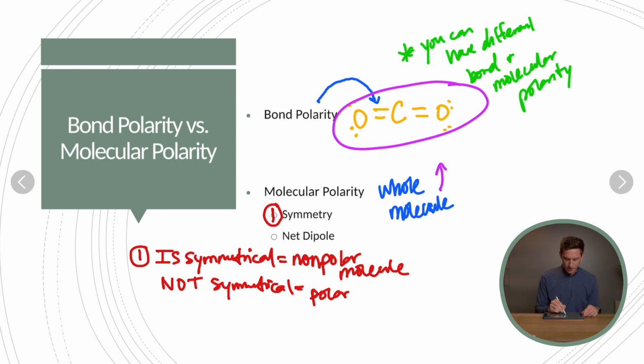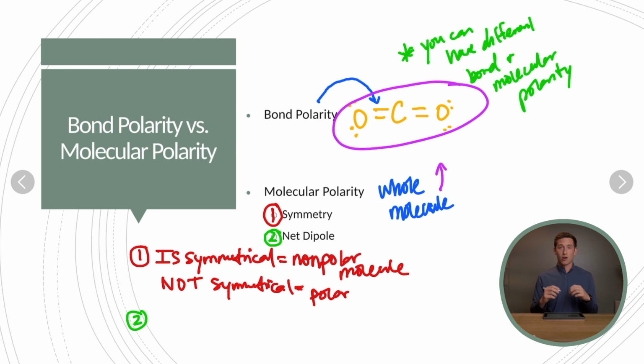The second one is, is there a net dipole? A net dipole is really just saying, can I look at the individual bond polarities and generalize where those electrons are being pulled? If I can't, then there is no net dipole. I'll go through this in some future examples, so you'll see exactly how I go about doing this. If there is a net dipole, then it's polar because the electrons are not being distributed or shared equally throughout the entire molecule.